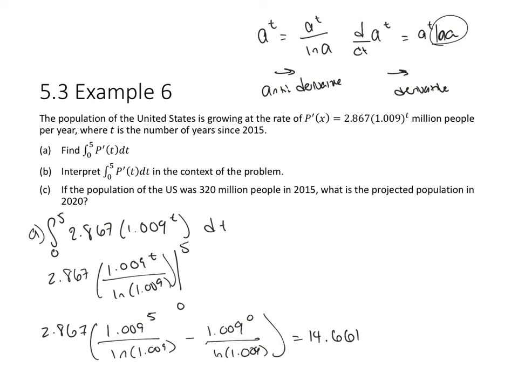Now let's see what that actually means. The next one says to interpret the integral from 0 to 5 of P prime of t dt in the context of the problem. Let's read the problem again. The population is growing at a rate of, and they gave us the rate, million people per year, where t is the number of years since 2015. So if we're going from 0 to 5 years, that means that we're going between 2015 and 2020.